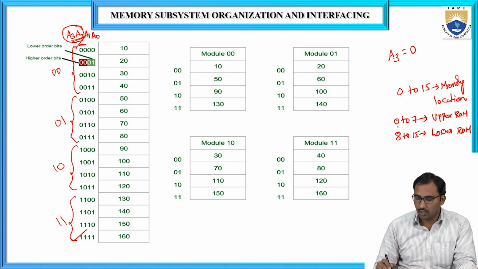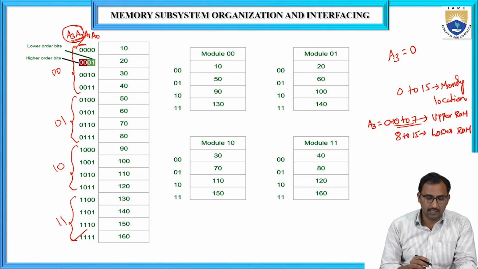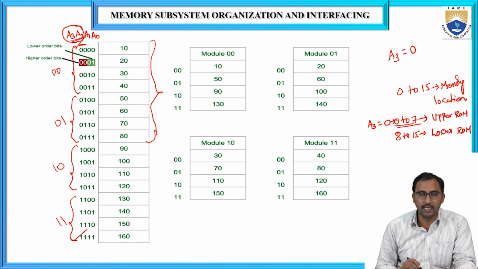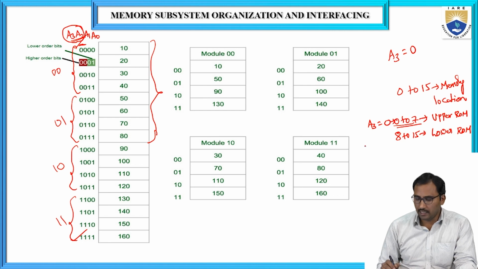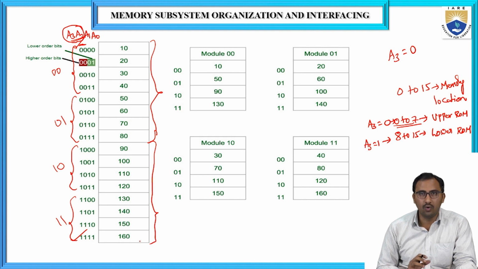So 0 to 7: when A3 is equal to 0, these are the memory locations contained by the upper ROM. When A3 is equal to 1, the memory locations 8 to 15 will be held by the lower ROM.